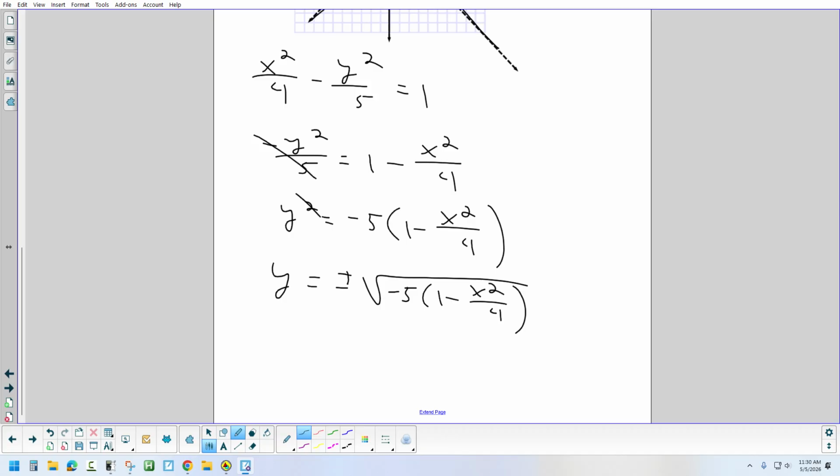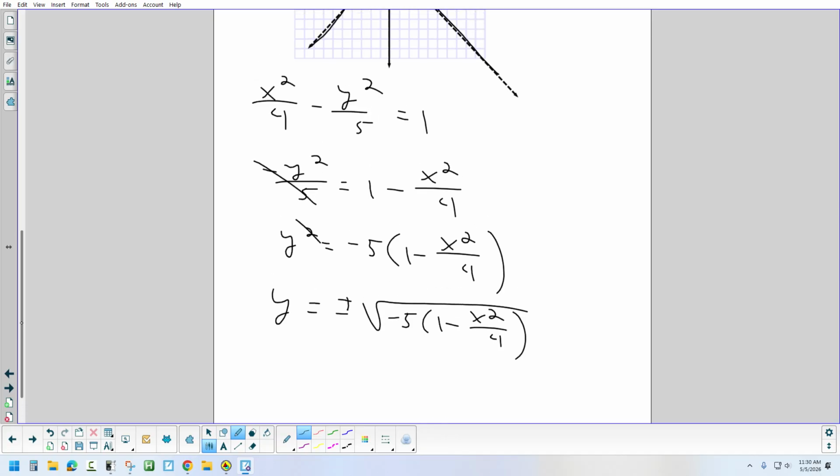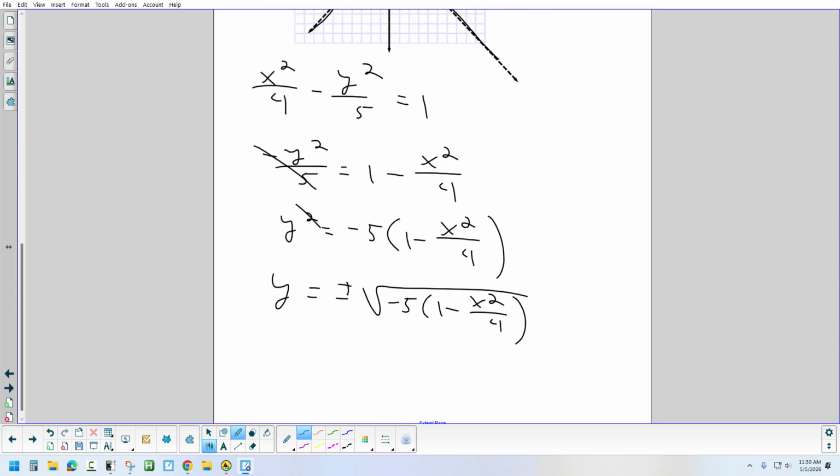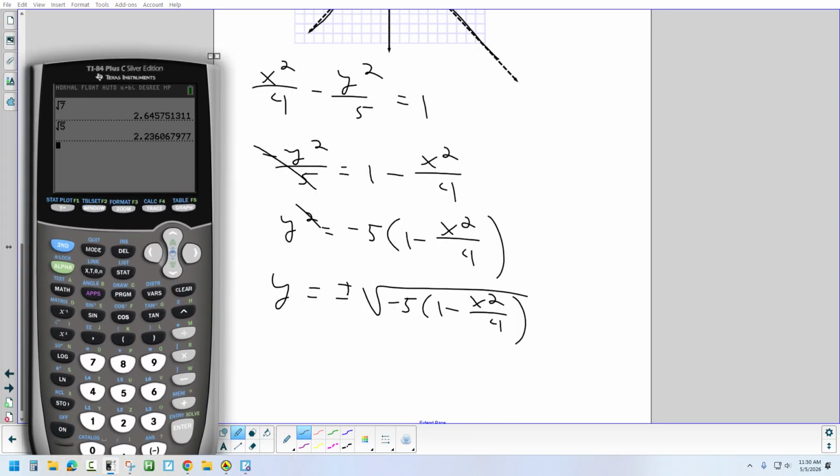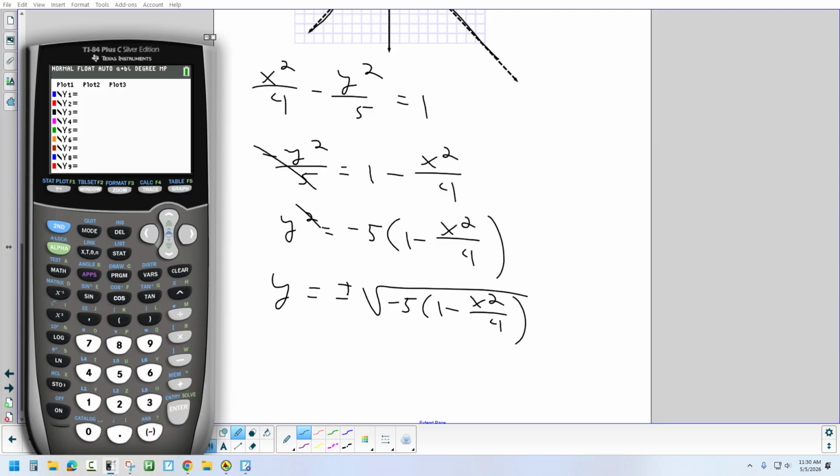Okay, so if you take that in carefully, you should get a hyperbola that looks just like that. Let's try. So we got y equals the square root of -5, parenthesis, and another parenthesis because I have x squared over 4.